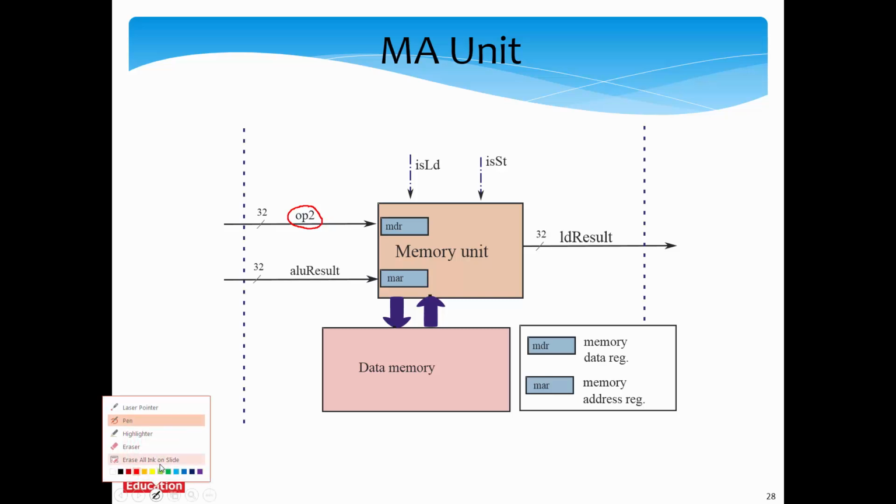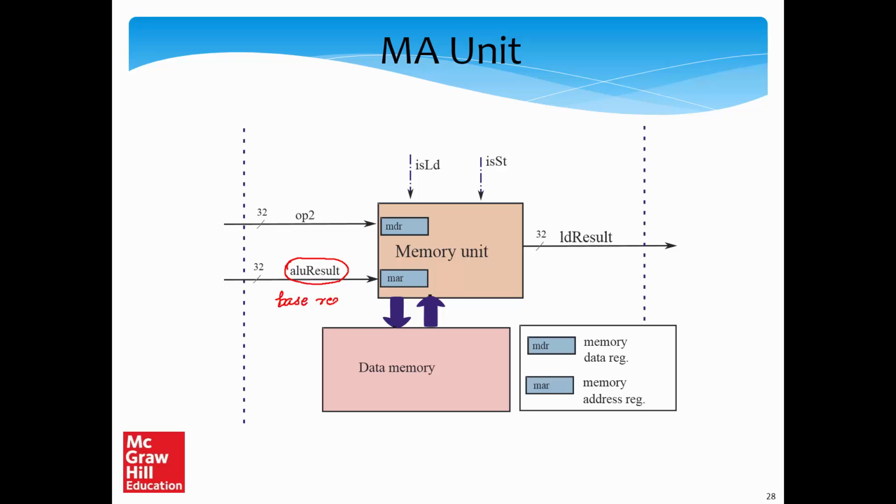So let me erase the ink on this slide. In the case of a load, what we need is the address. The address is computed by the ALU, and it is the contents of the base register plus the offset which is specified in the immediate.